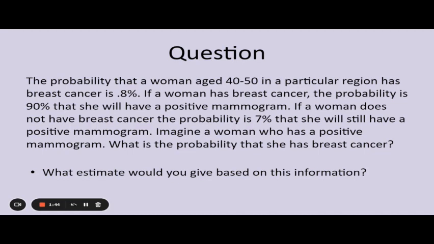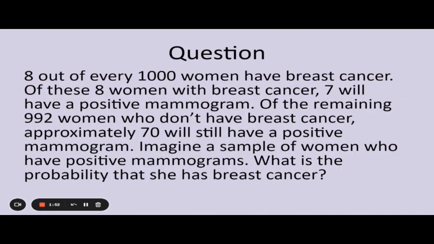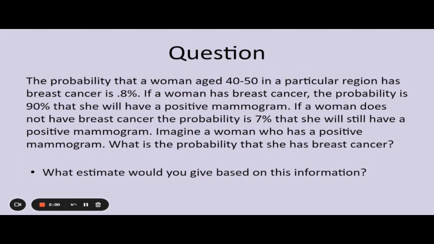Okay, so let's look at one way we can think about solving this type of problem. What I did here is I just translated into what's called natural frequencies, because if you look at how the original problem is worded, the 0.8%, the 7%, the 90% might make it a little confusing to understand what's going on.